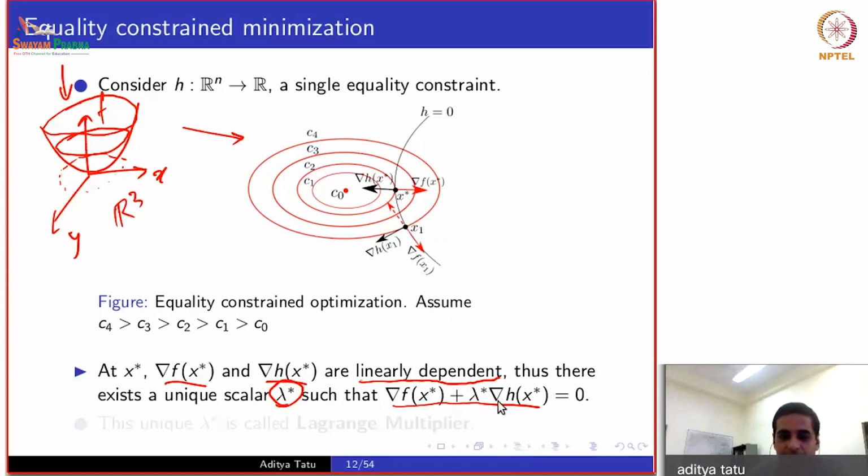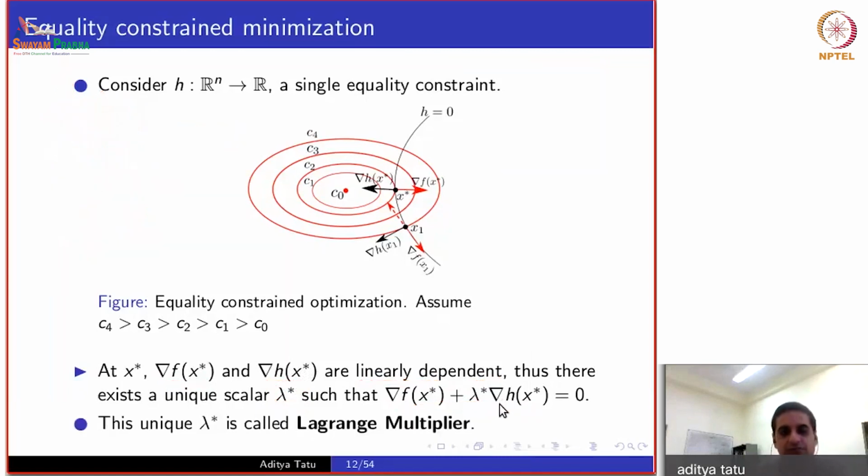This specific value, lambda star, hopefully some of you may have heard this term. This lambda star, or the variable lambda, is what is called the Lagrange multiplier. And the condition that x has to satisfy if x is a minima is this.